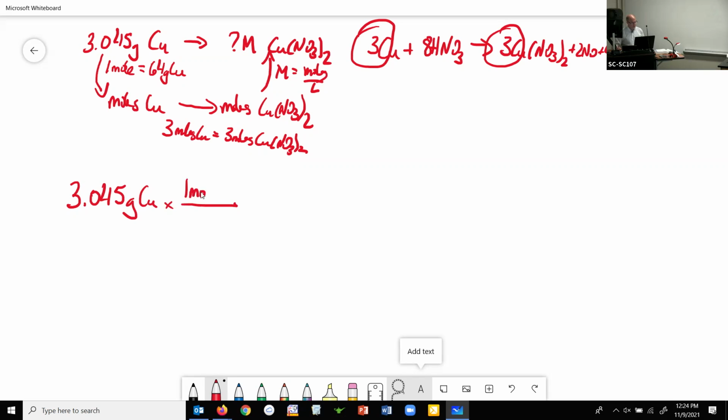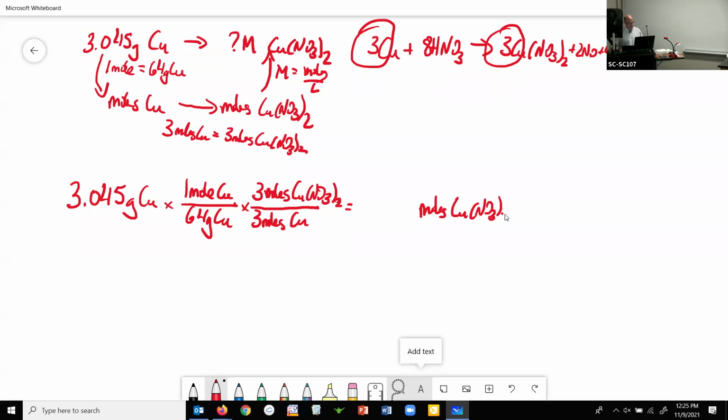We want to get into moles, so 1 mole of copper goes on top, 64 grams goes on the bottom. 3 moles of copper nitrate for every 3 moles of copper that we start with. Now here's the catch. There's not a good conversion factor set up. It feels kind of awkward. So I'm going to erase this last conversion factor and just work out the number of moles at that point. This is how many moles of copper nitrate we have.